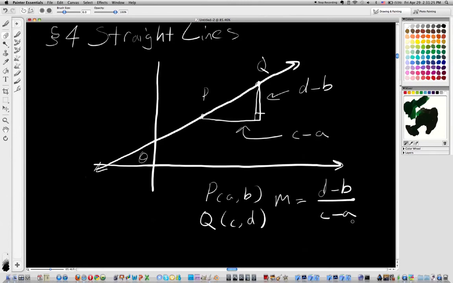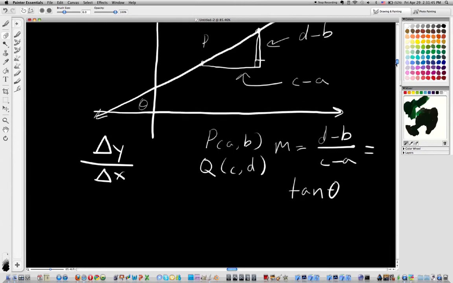And if you know anything about trigonometry, it's actually equal to tangent theta. Rise over run. Or, as some like to put it, delta y over delta x, the change in y over the change in x.